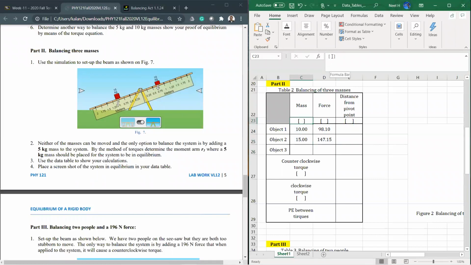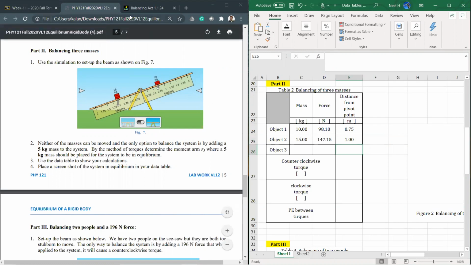And again, mass should be in units of kilogram, and force should be in units of Newton. For the pivot point, we measure distance from the pivot point, in meters. The 10 kilogram object is at 0.75 location. The 15 kilogram object is at 1 meter location.